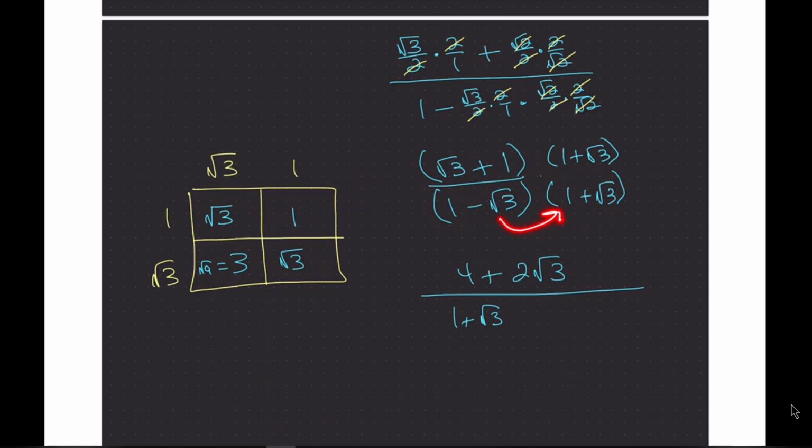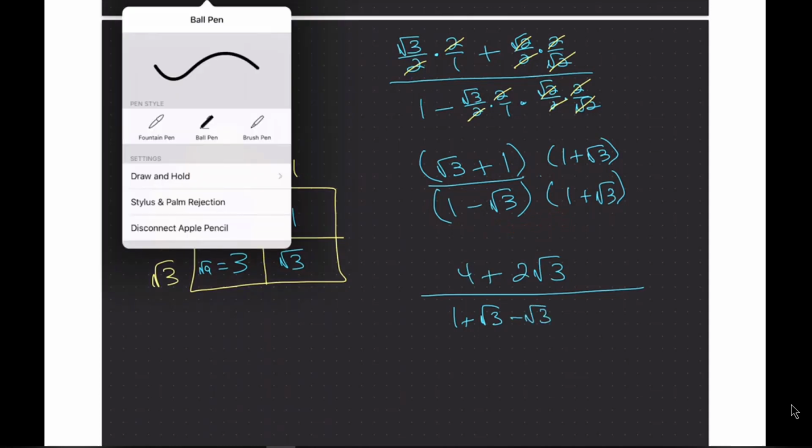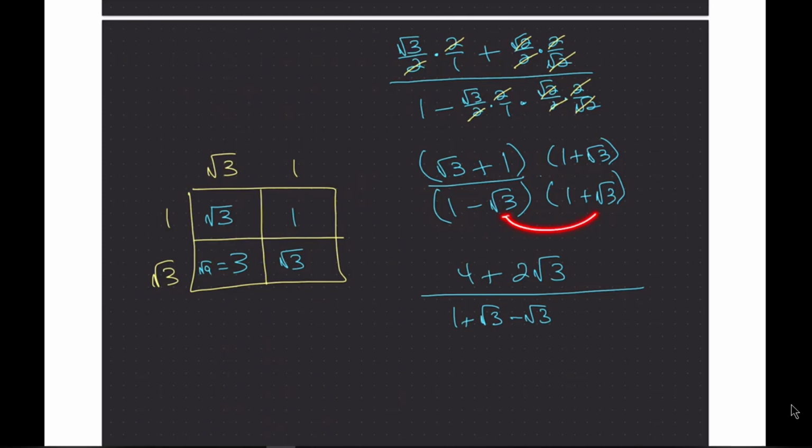Negative square root of 3 times 1 is negative square root of 3. Negative square root of 3 times positive square root of 3 is going to give me a negative square root of 9, which is going to be a negative 3, right?